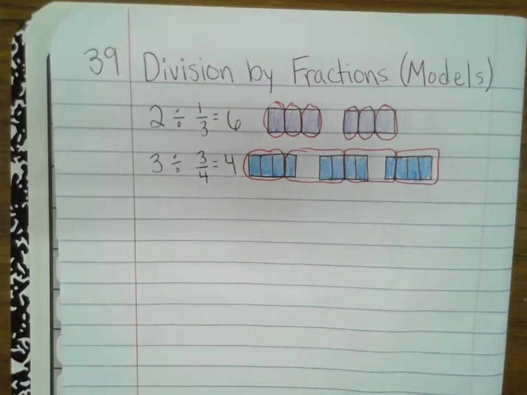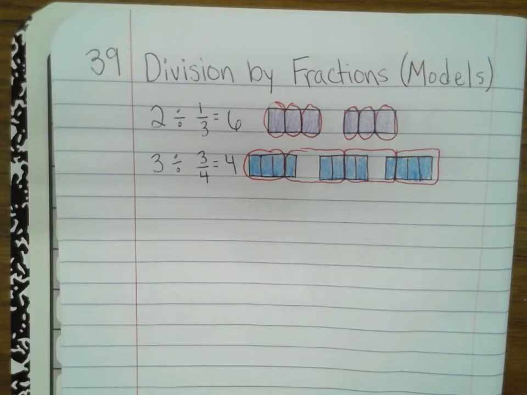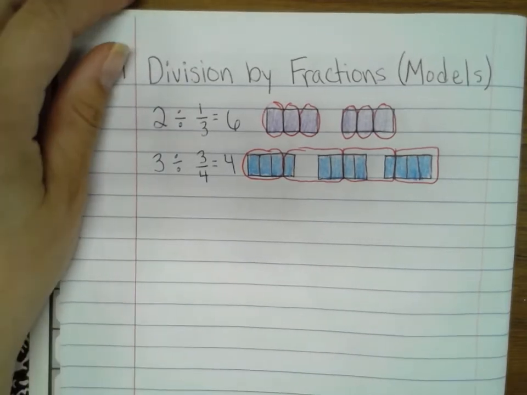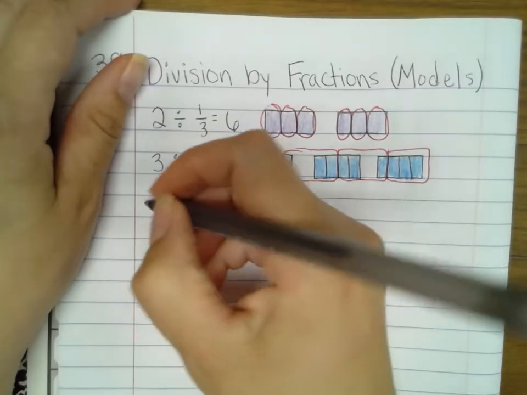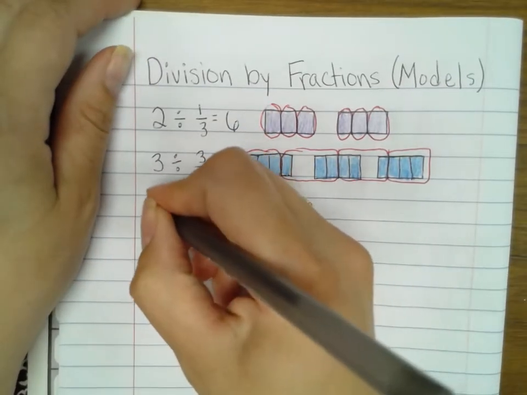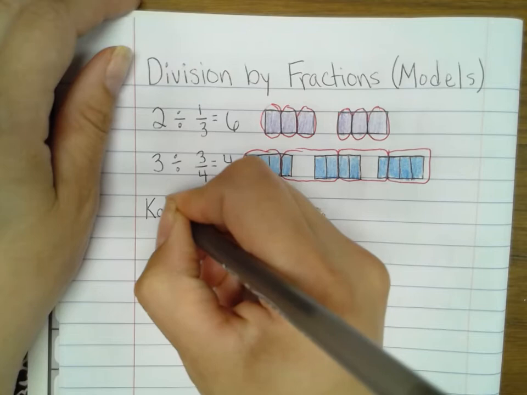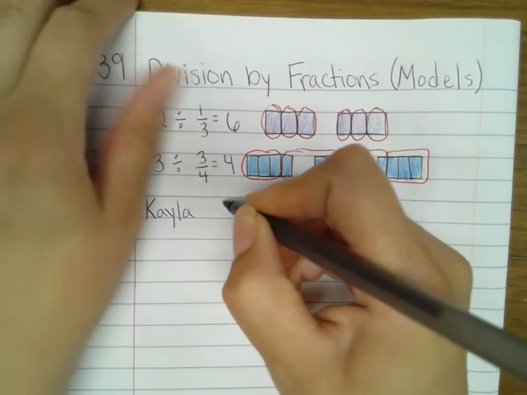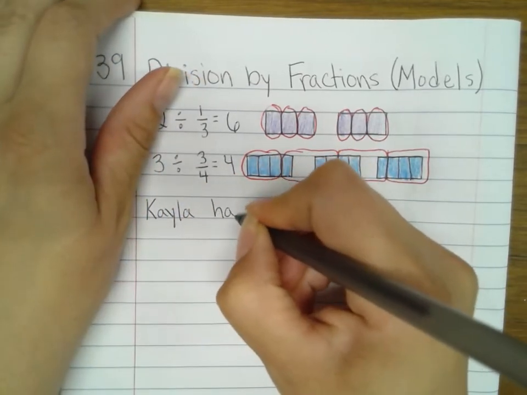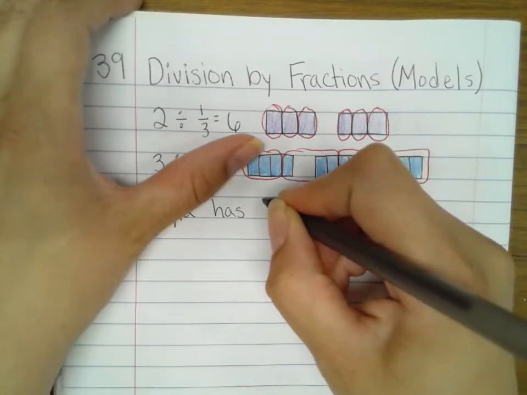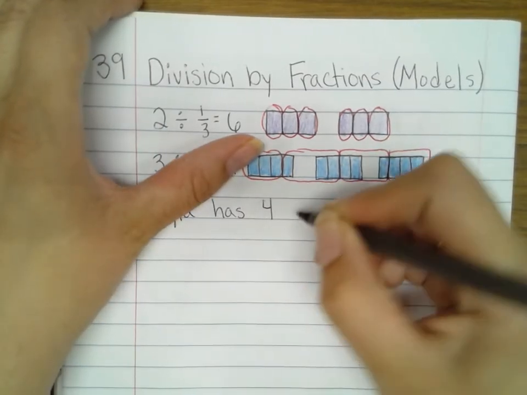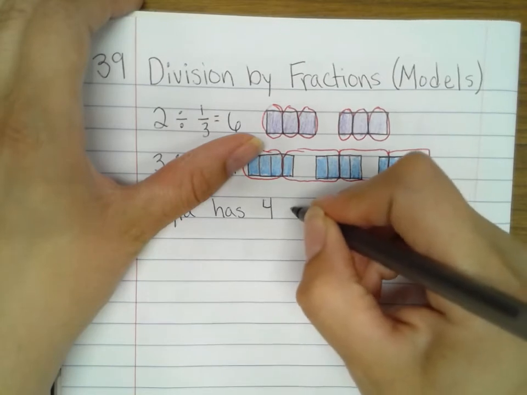Okay, only this one we're going to make a story problem, and we're actually going to draw out the story problem. So I have brown here, so we're going to be dealing with chocolate bars. All right, let's see. Kayla has 4 chocolate bars.